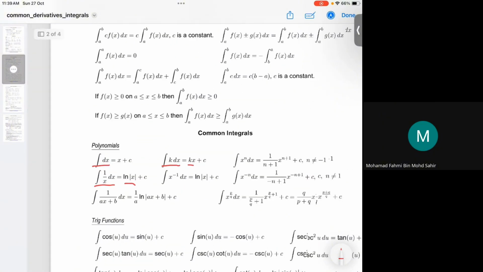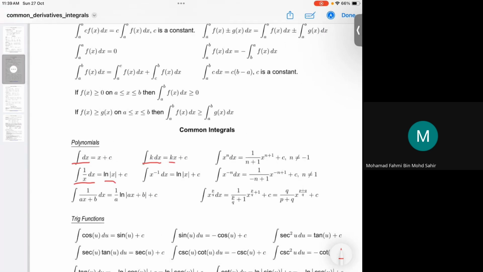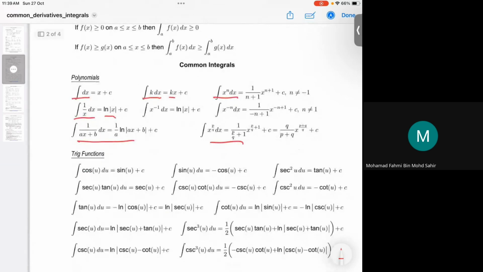So this list I already shared in the author. You can download it now. Try to download it now because we might be using this one. This one is telling you how to perform all the integrations. This one is polynomial, and then we have trigonometry. Cos will become sine, sine will become negative cos.